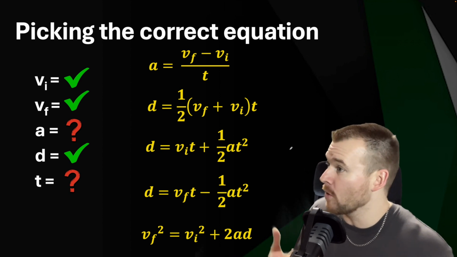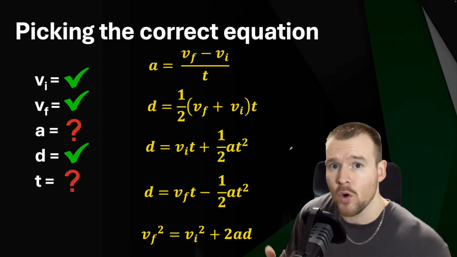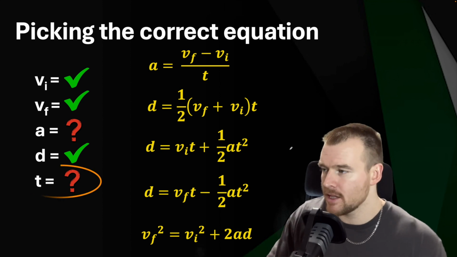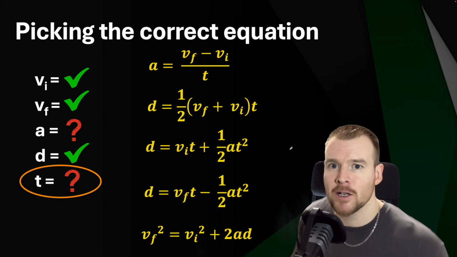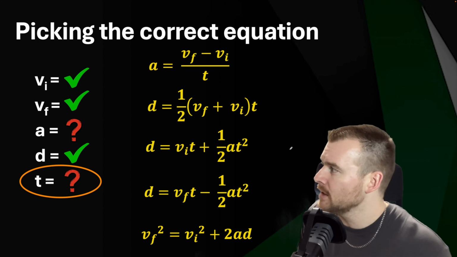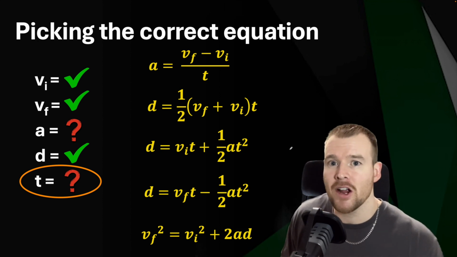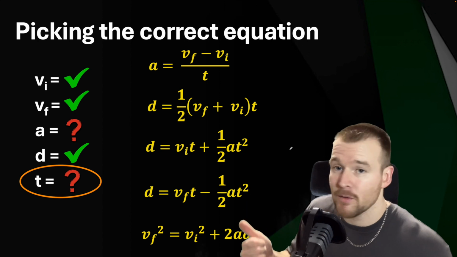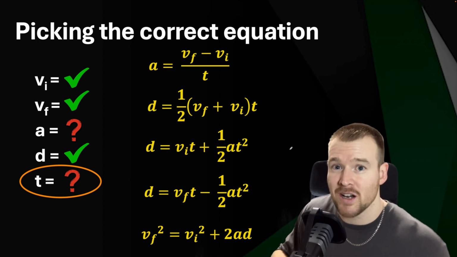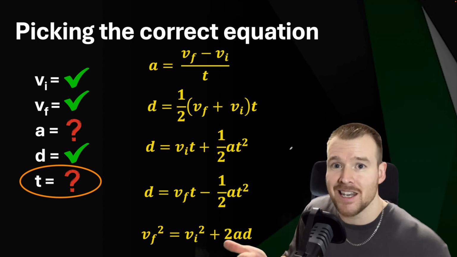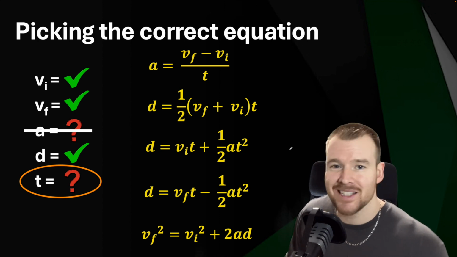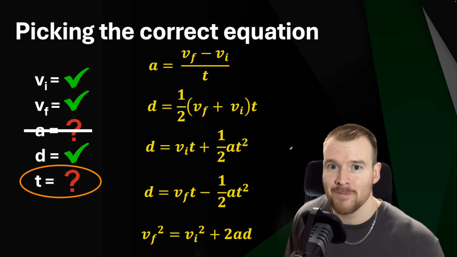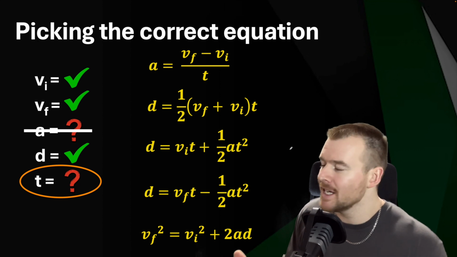It's going to be asking you for what's the acceleration or what's the time. So let's say that the question says, what was the time that it took to undergo this acceleration? What that shows me that I listed my variables is that I care about the information that I have, and the one I'm trying to solve for. I don't care about the number for acceleration. That one is not important. I'm not trying to solve for it, and I don't know what it is. So now here's the key.